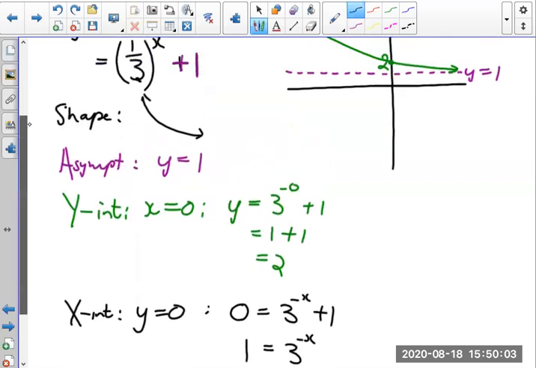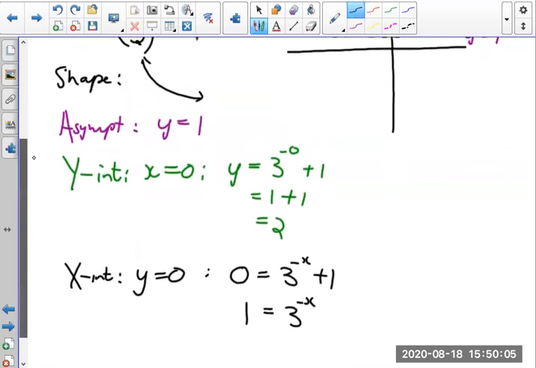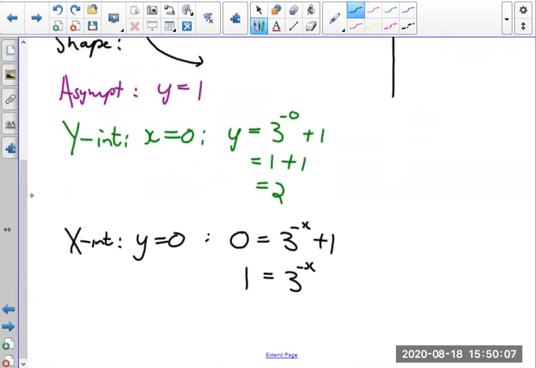Now, is it possible that a positive number to any power can give you a negative answer? I'm asking again, is it possible that a positive number to any power can give you a negative answer?